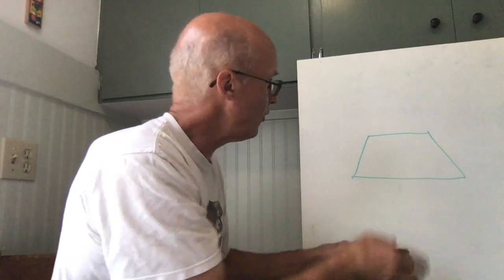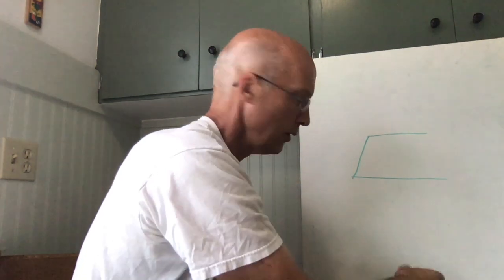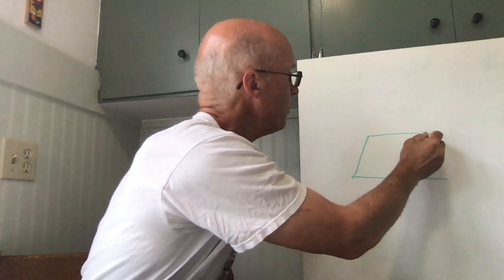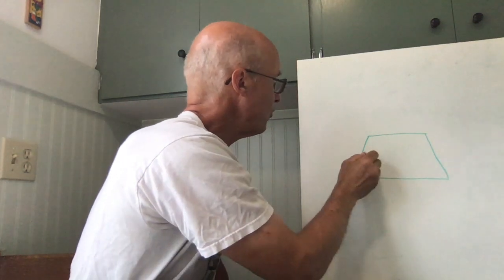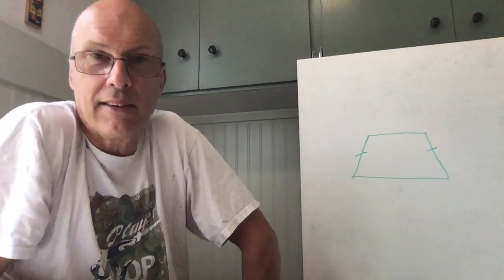Now, if the legs are exactly the same, you know my drawing problems, so I'll try to do this, but let's just say that's the same as that, then that's called an isosceles trapezoid.